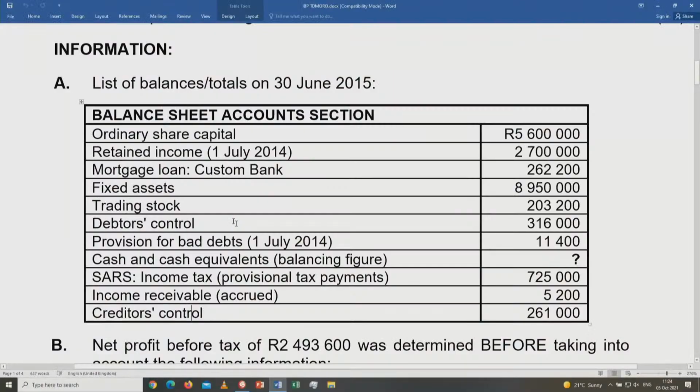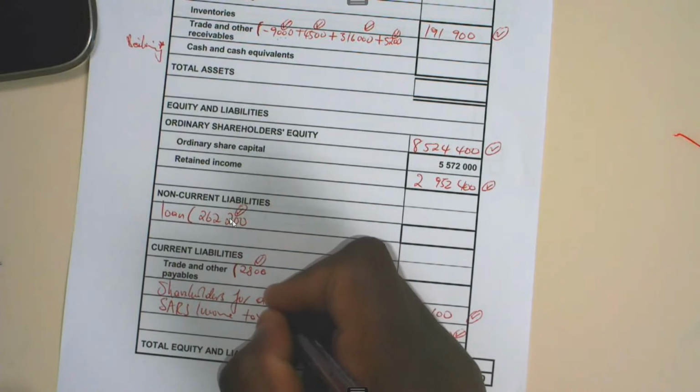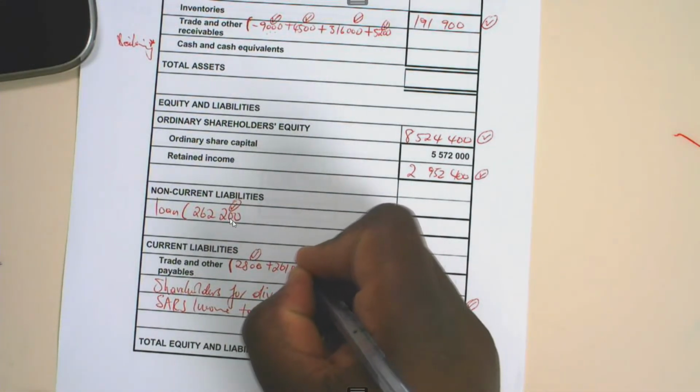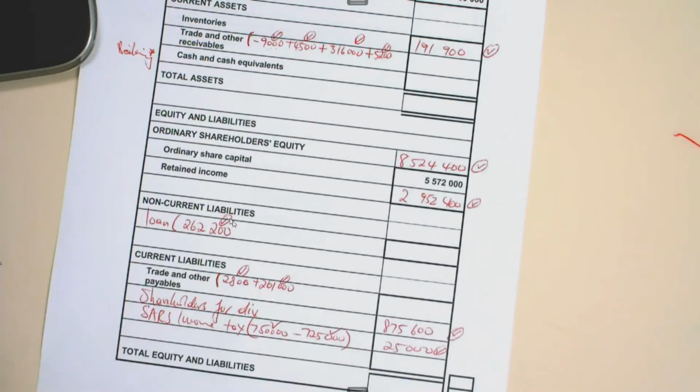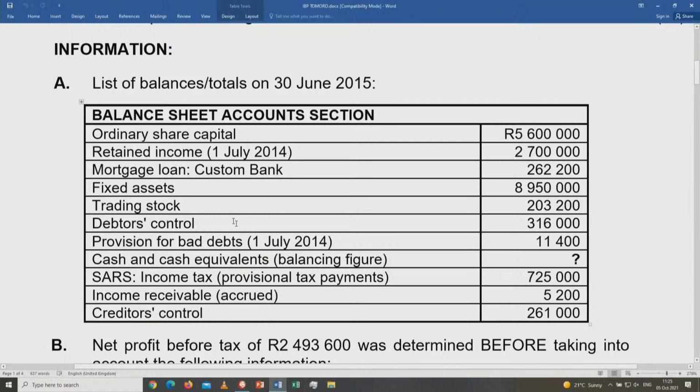It means now we must add this 261,000 here. Now we are done transferring the balances from information A.